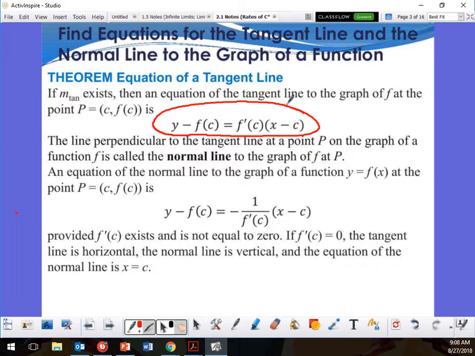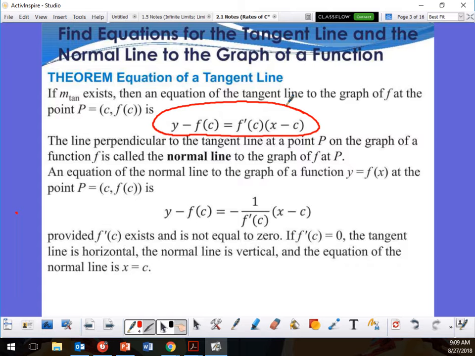Right here is where we have my slope. We know that this f prime is going to be the slope. Normally this would be like x minus x1, and this would be y minus y1. So it's the exact same thing, it's just another way of writing it.